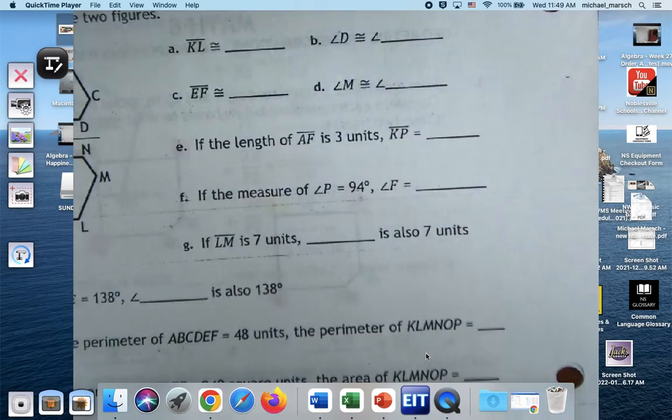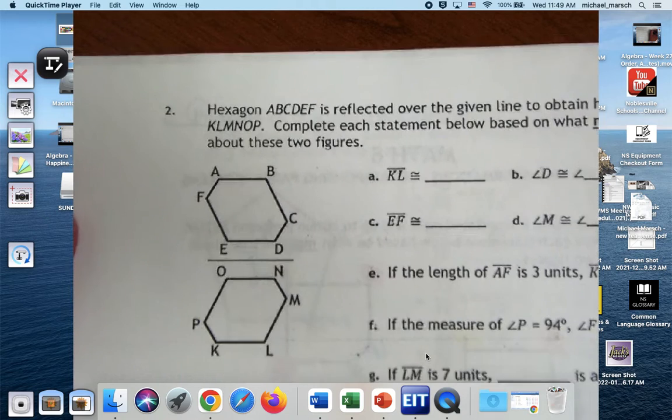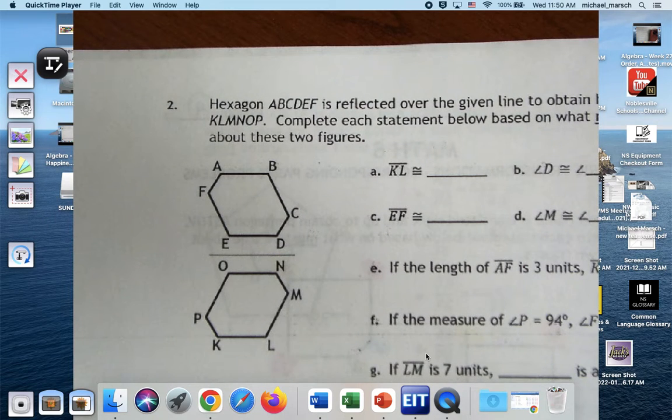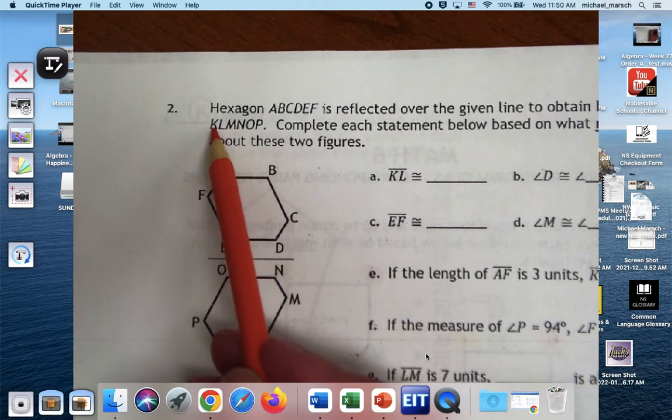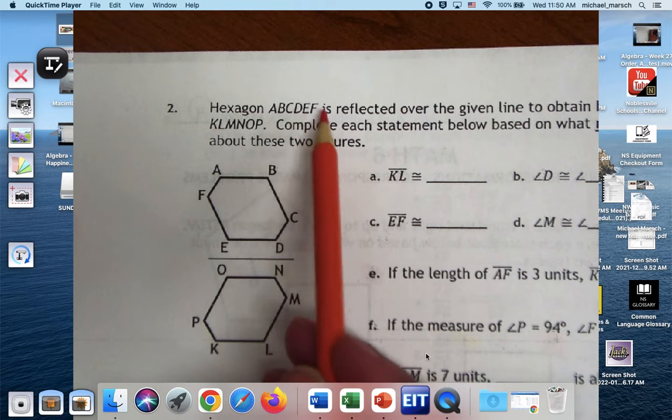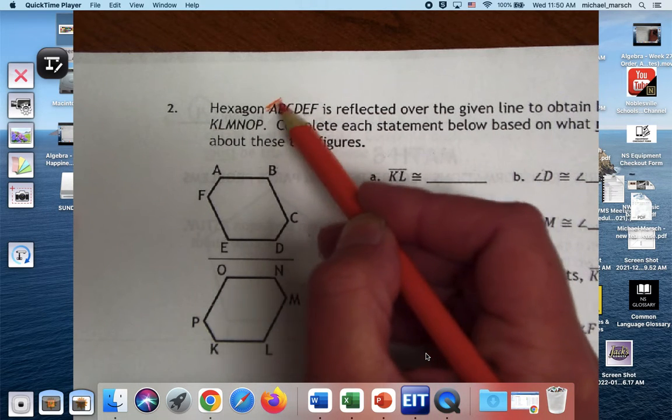This one's not quite as easy to see because it's a reflection. So you can get confused pretty quickly with which letters correspond to which. So we're going to keep in mind that the order that the letters are given tells us what corresponds for each figure. So A is the first letter.